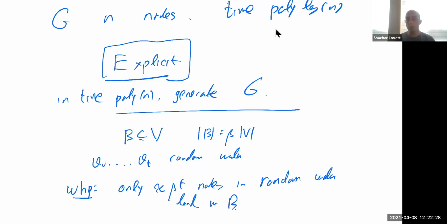What we analyzed today was the question of what's the probability all of them land in this bad set. We said it's exponentially small. But in fact, you can show that the same holds if you ask a weaker question: what's the probability that many more than just a beta fraction of them land in B? You can prove this as well. That's going to be one of your challenges for the homework.